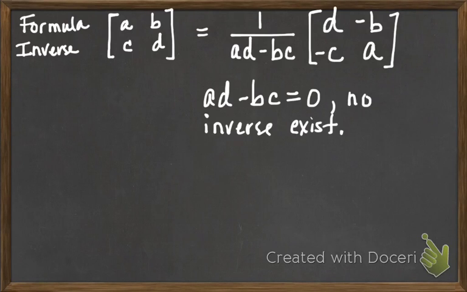If A times D minus B times C equals 0, that means we would have 1 divided by 0, which we know is undefined, then that matrix doesn't have an inverse. Not all matrices have inverses. Most of them do, but some of them don't. And you'll know that a matrix doesn't have an inverse if your A times D minus your B times C is equal to 0. So if that happens, you just stop. You don't do any of the switching the A and the D and changing the signs. All right, so that's your formula.